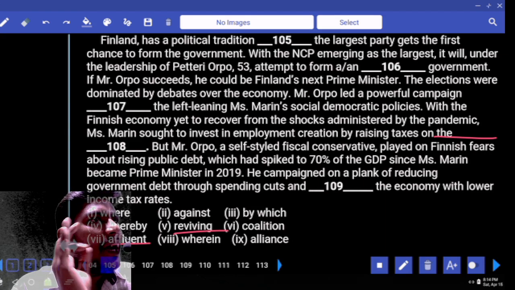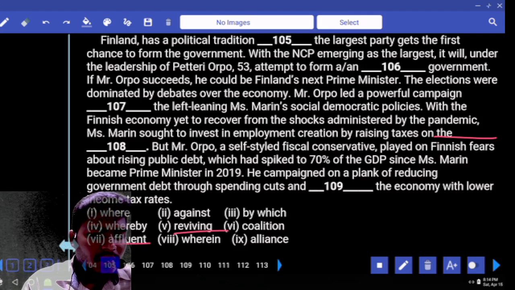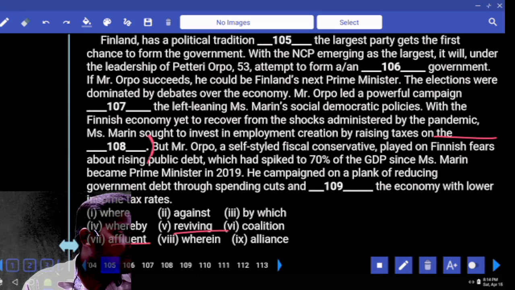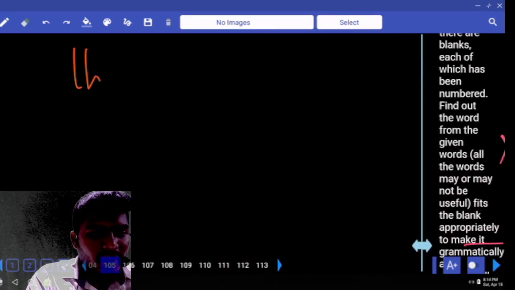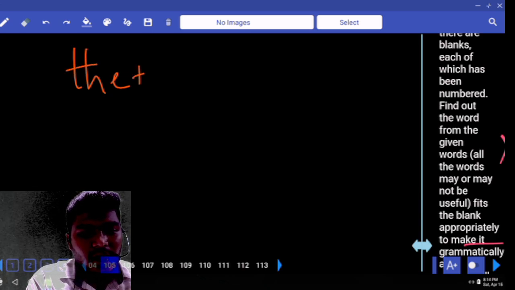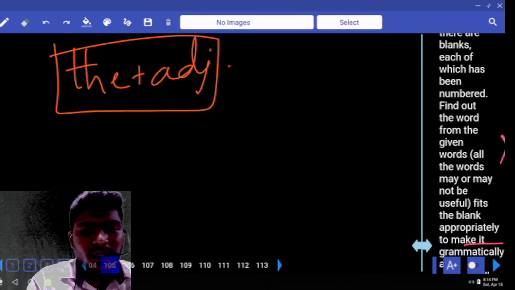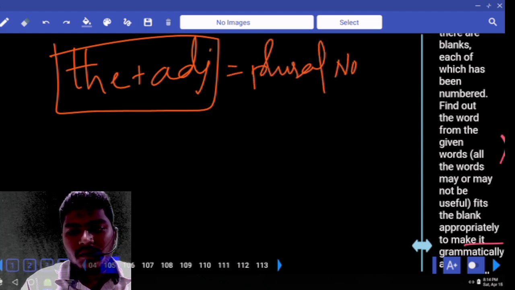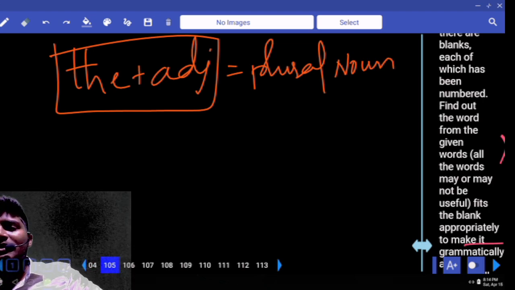Can you tell me the parts of speech of the word affluent? After an adjective, do you have any continuation? That is full stop. Now, you should be very careful with this rule. The with adjective, it is equal to... do you remember this?